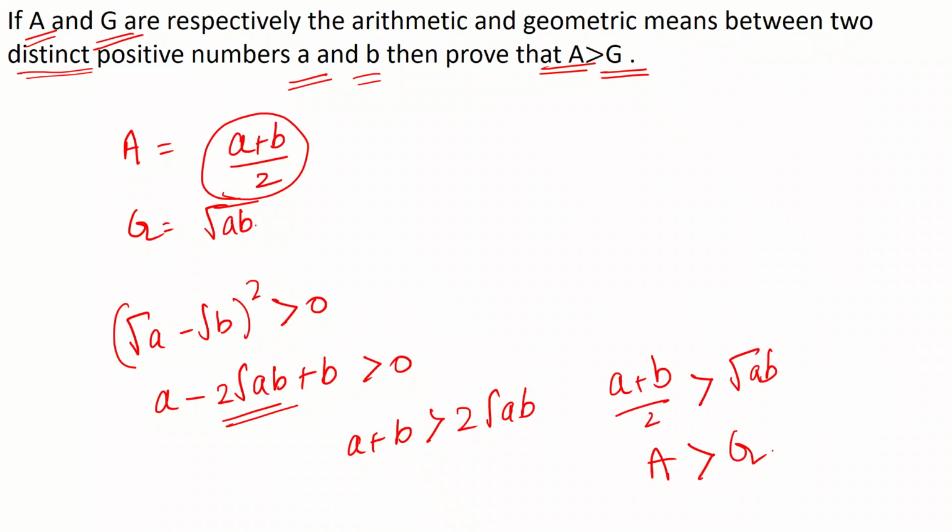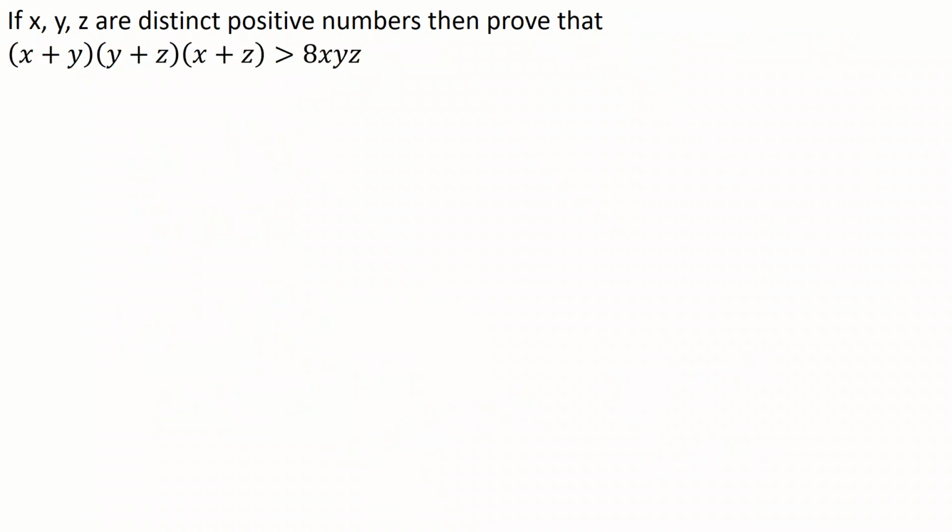Proved. Next question. If x, y and z are distinct positive numbers, then prove that something holds. Okay, so this is an application of what we have just now proved. We have just now proved that for any two numbers, arithmetic mean is greater than the geometric mean. So for x and y, the arithmetic mean x plus y by 2 is greater than the geometric mean root over xy.